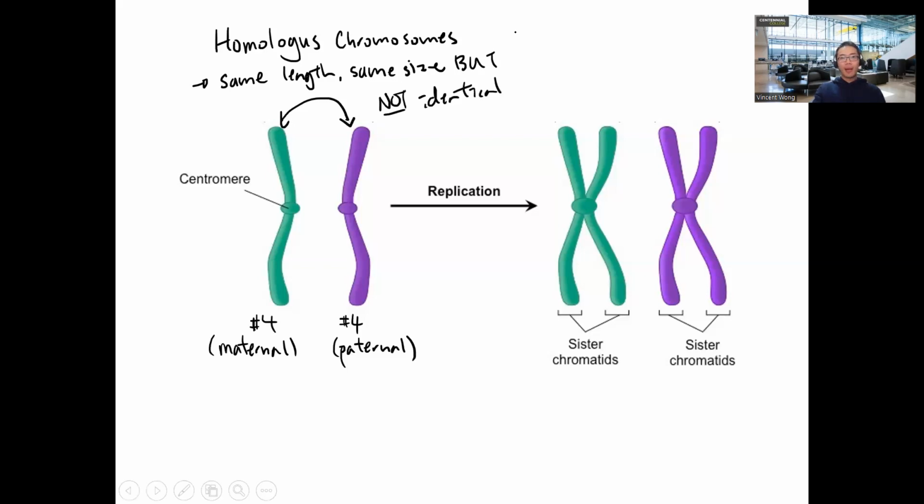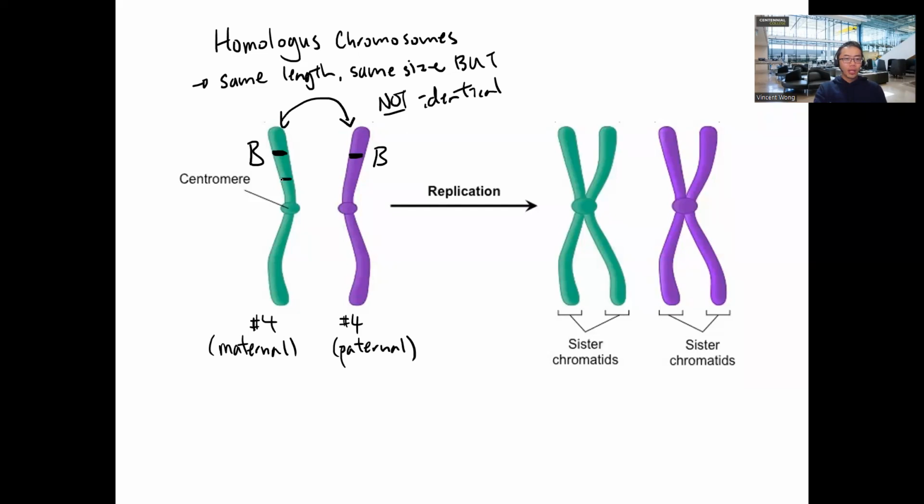Our parents are not genetically identical, thank goodness, because they have different features. On the mother's chromosome there might be a gene that codes for brown eyes, and on the other chromosome it might also be brown eyes because both of your parents have brown eyes, and that's totally normal.